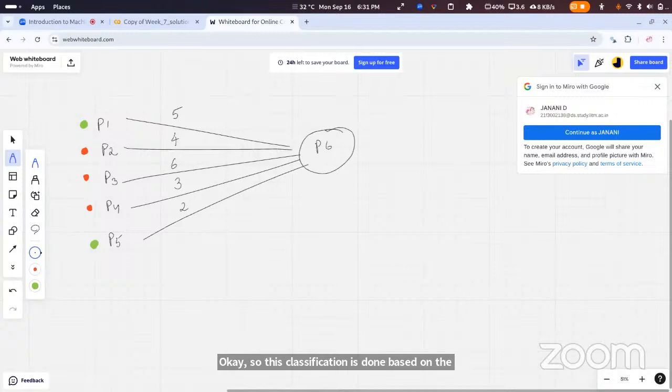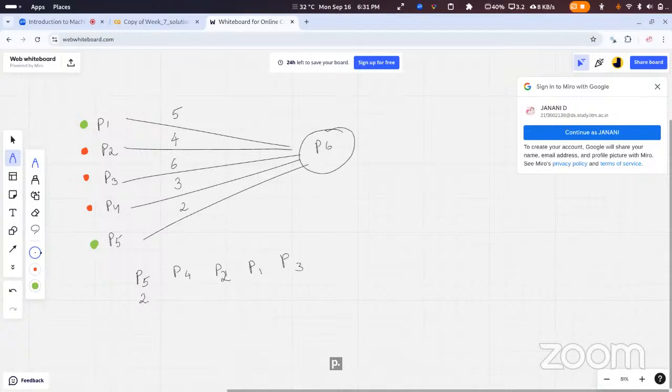So let me arrange this in ascending order. First we'll get P5, then we'll get P4, then P2, P1, P3, right? For P5 it is 2, for P4 it is 3, then for P2 it is 4, then for P1 it is 5, and for P3 it is 6, right?